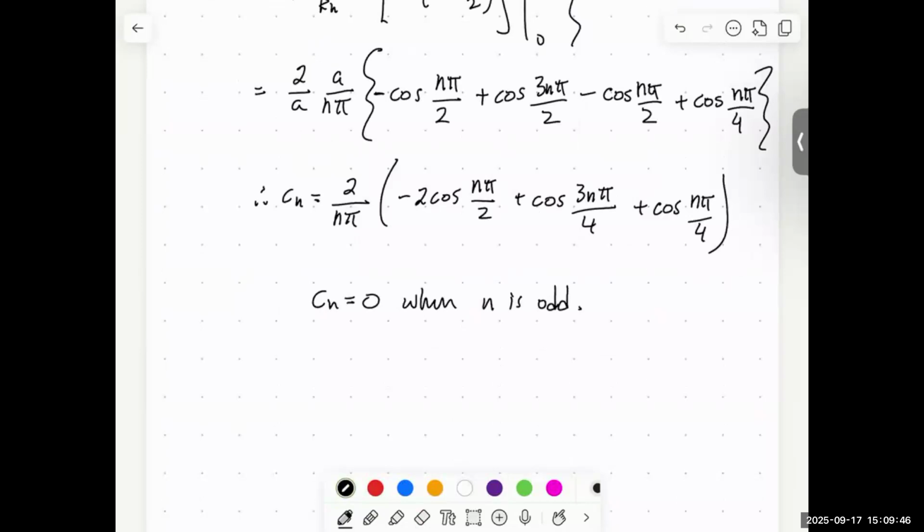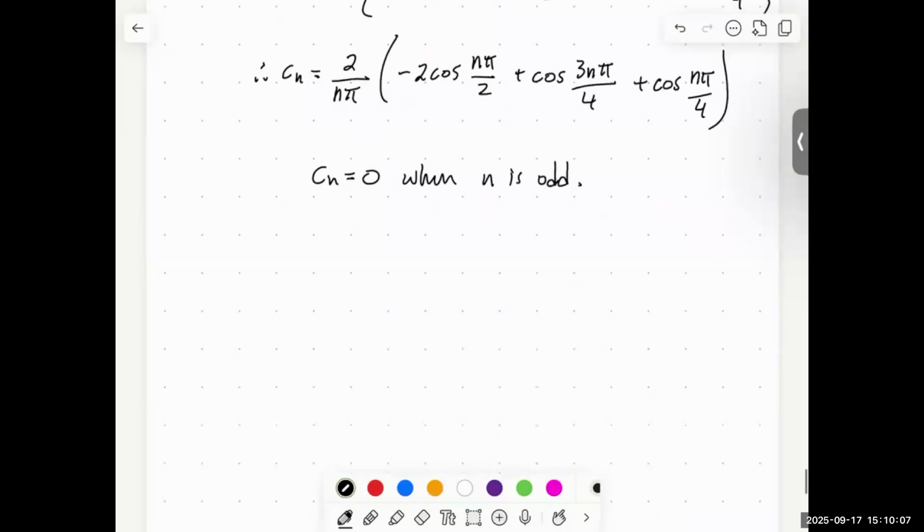So like 3 pi over 2, 1 pi over 2, 5 pi over 2, that's going to be 0. Same thing here. These will cancel when n is odd. Okay, I'll let you confirm that.